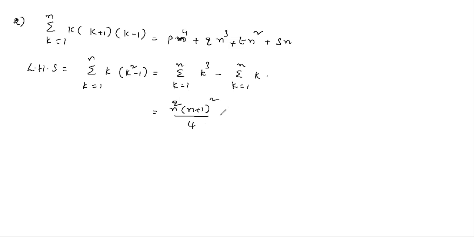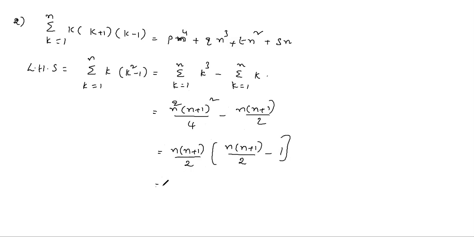Next, sigma n is n into (n plus 1) by 2. So n into (n plus 1) by 2 common, so n into (n plus 1) by 2 minus 1, so n into (n plus 1) by 4 into (n square plus n minus 2).